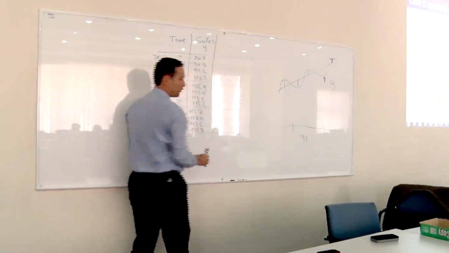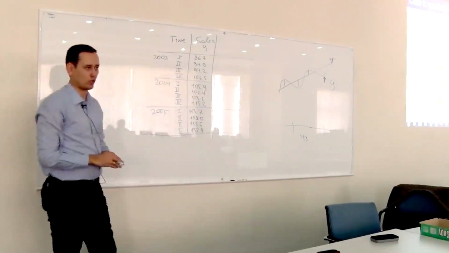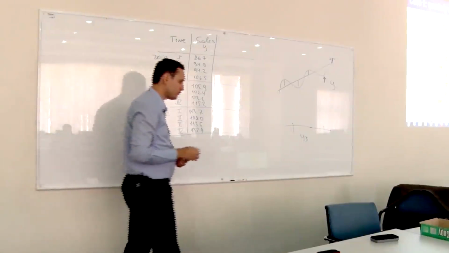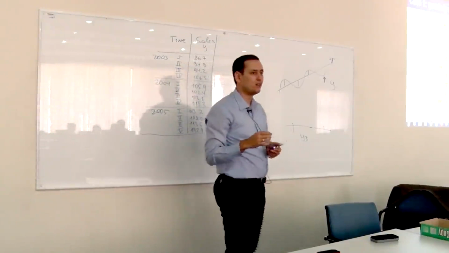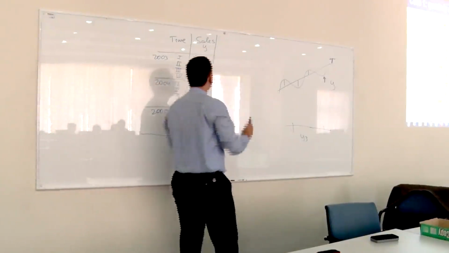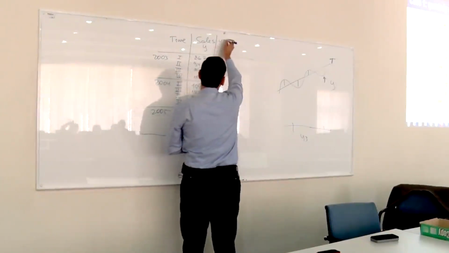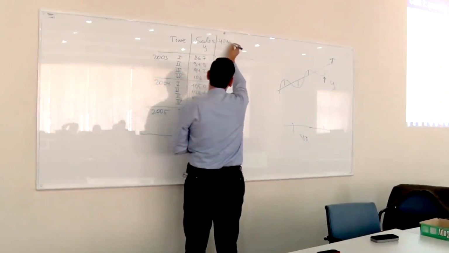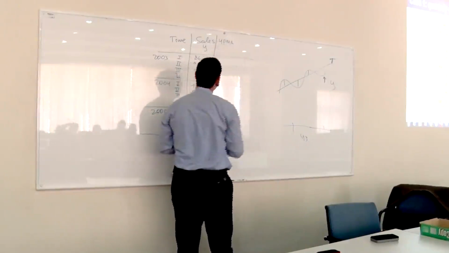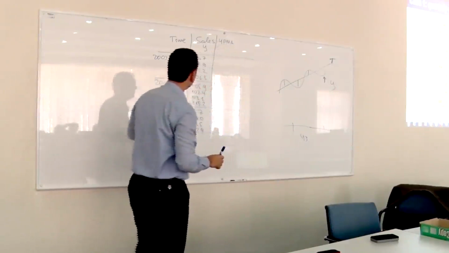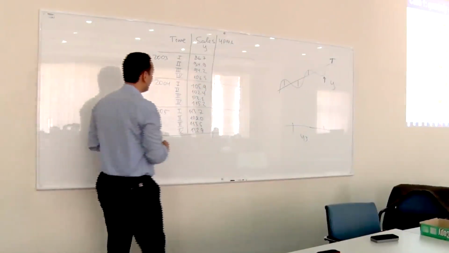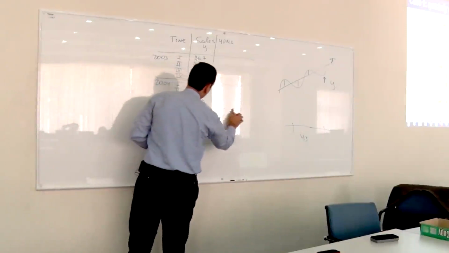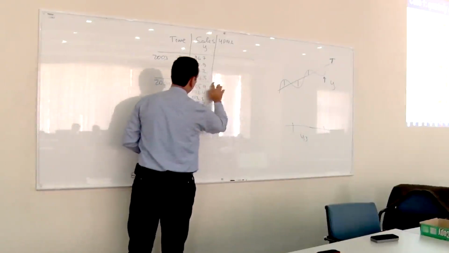So now we're doing the additive model. The first thing you need to do is find the 4-point moving average. So this is the 4-point moving average. In order to find it, I will erase these lines.